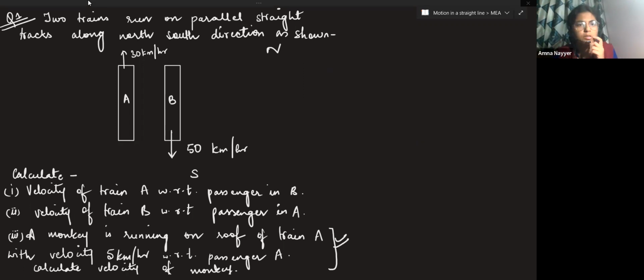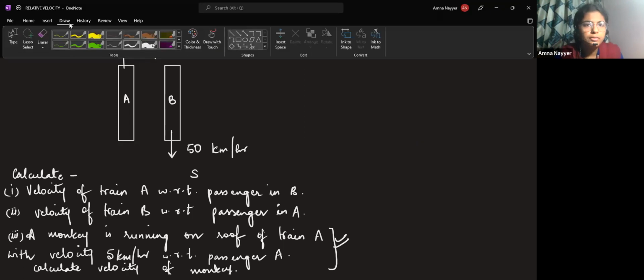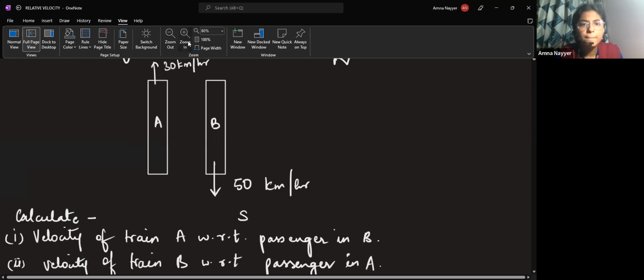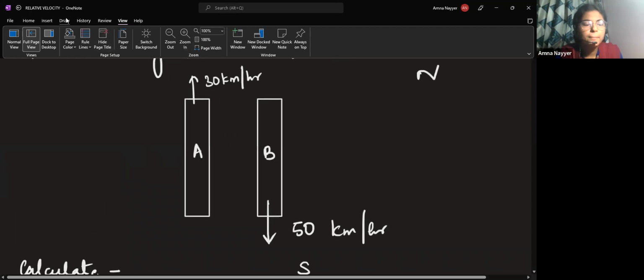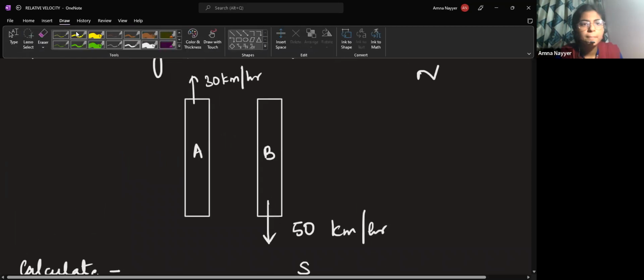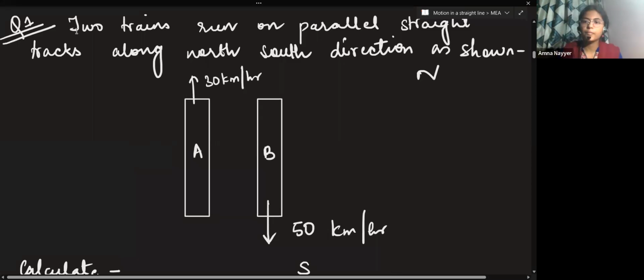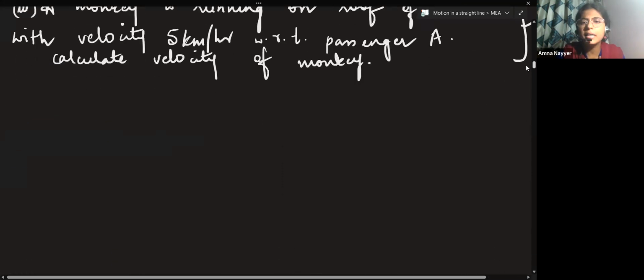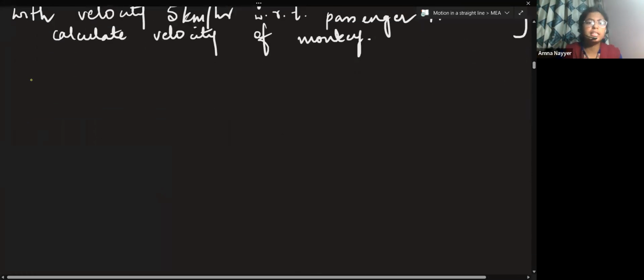I'll write down the solution though. See, VAB and VBA are very simple. The first part says VAB, which means VA minus VB.